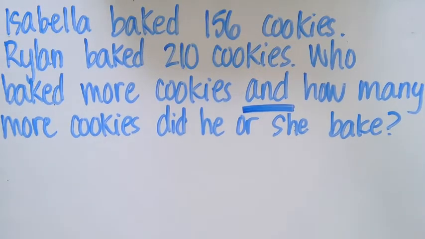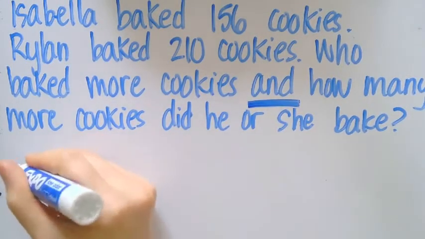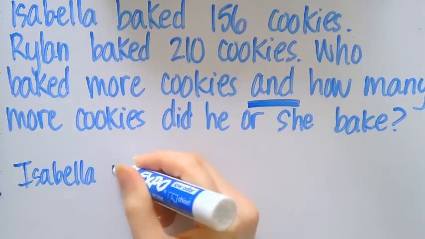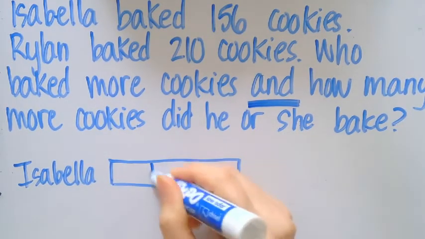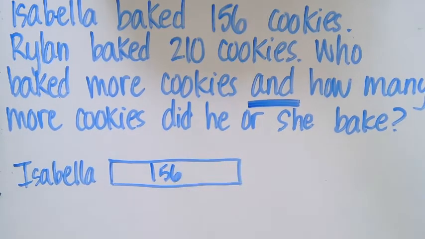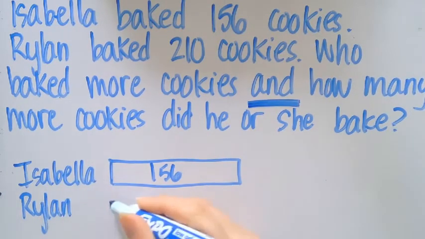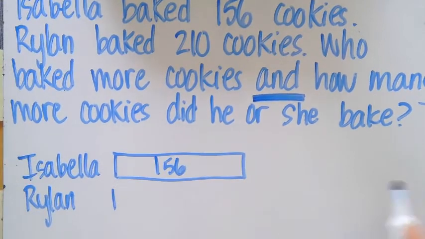All right, so starting with our tape diagram, I'm going to go ahead and write Isabella's name. All right, Isabella, she made 156 cookies. Rylan made 210 cookies.